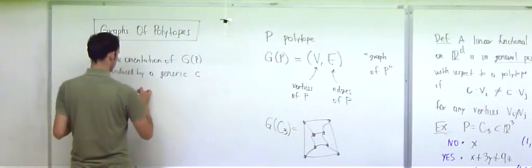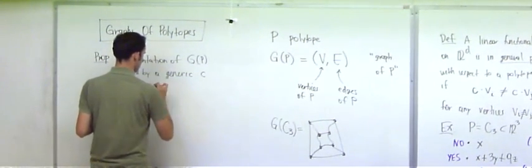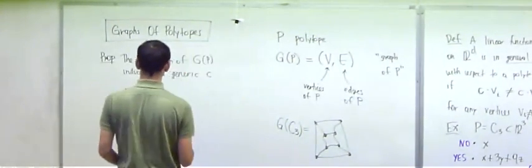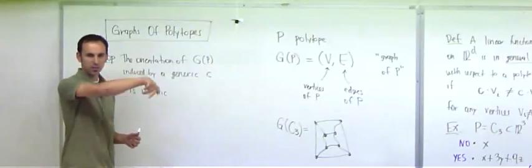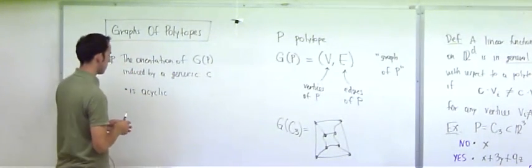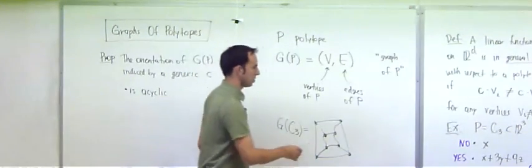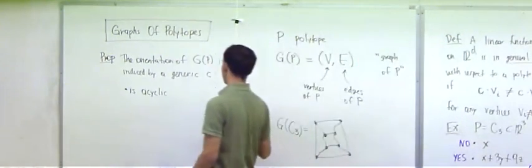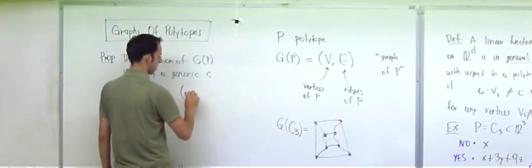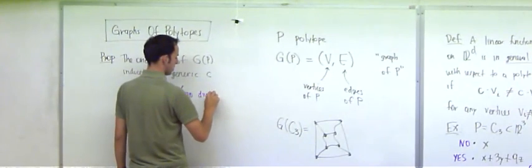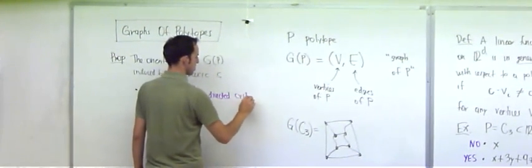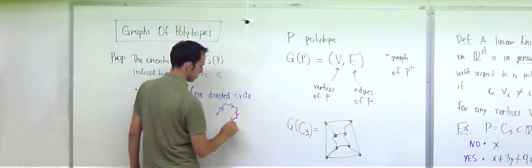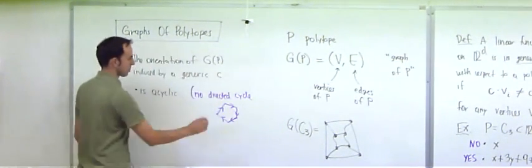One, it's acyclic. Okay? What this means is that you don't have a directed cycle that you can follow on the graph. So maybe we'll draw a picture. This means no directed cycle like this.